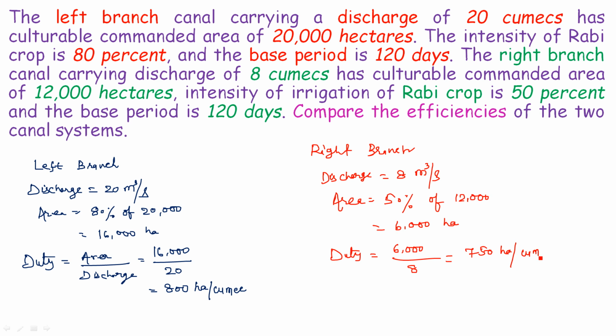per cubic. It means from the right branch canal 1 cubic of water can irrigate 750 hectares of land, and from the left branch canal 1 cubic of water can irrigate 800 hectares of land.